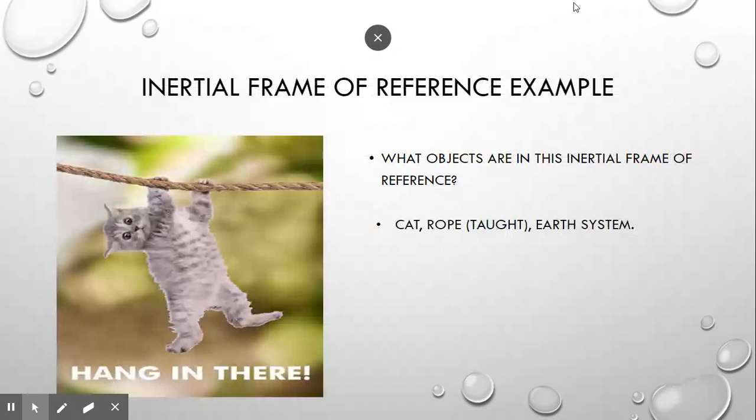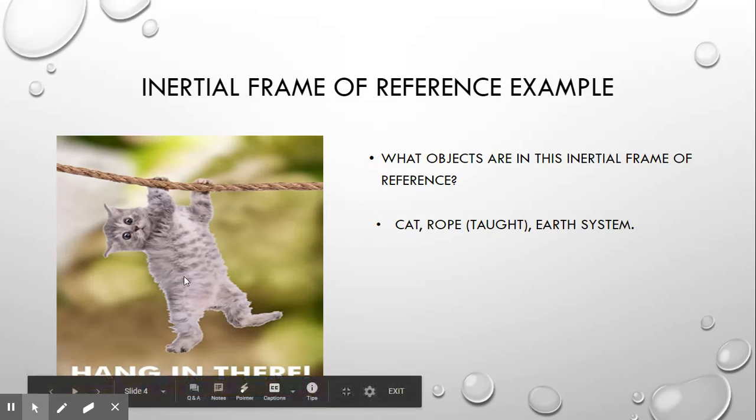All right? So let's do another example. What objects are in this inertial frame of reference? So in this case, I have a cat holding onto a rope. And in this frame of reference, we have the cat and the rope has to be taut.